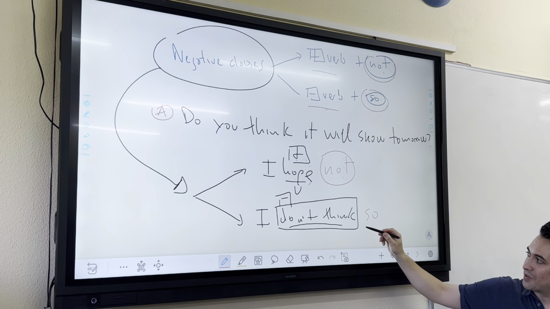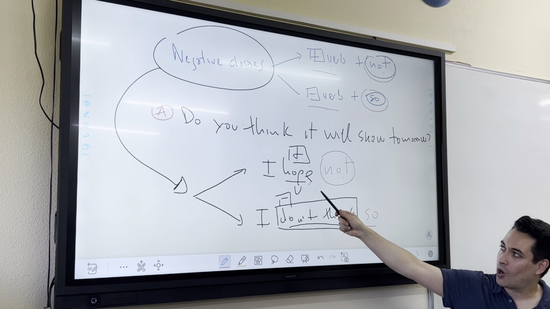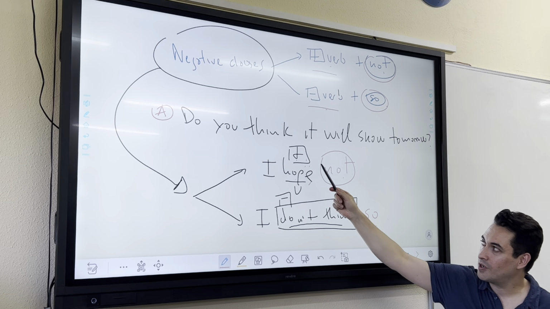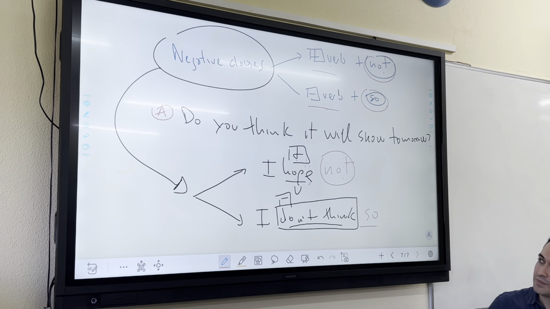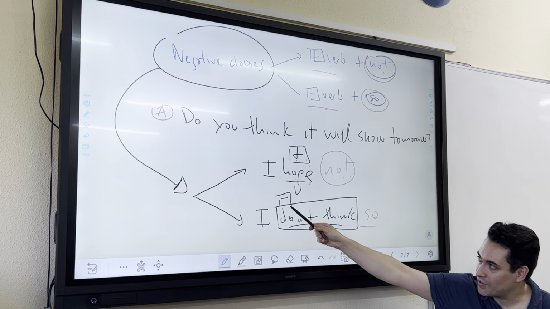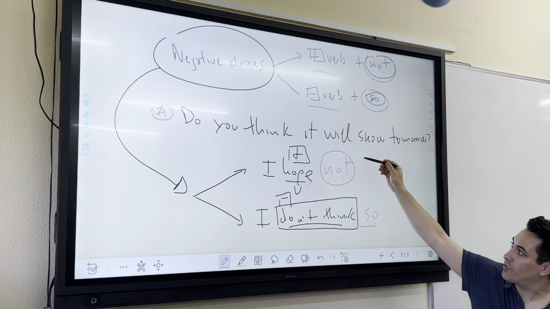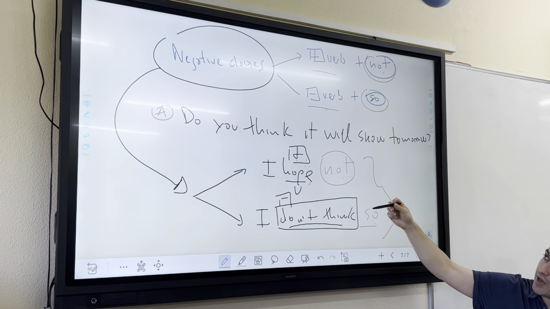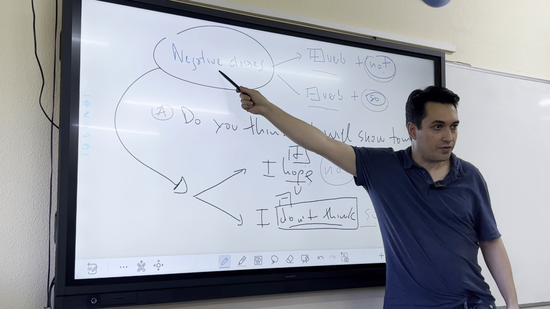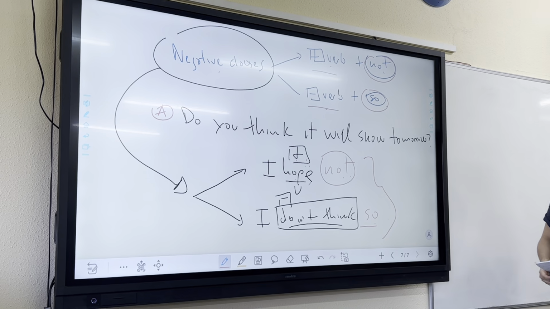I don't think so. So be careful with this. I hope not. Positive verb, not. I don't think so. Negative verb, so. But both of them are negative clauses. All right? Both of them are negative. So far, so good. Is that clear?